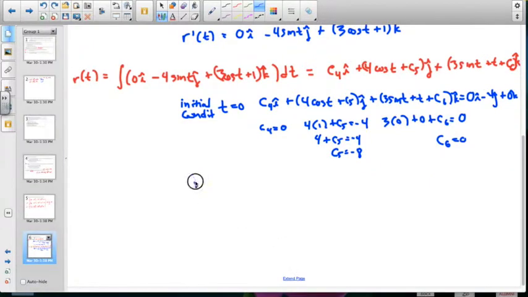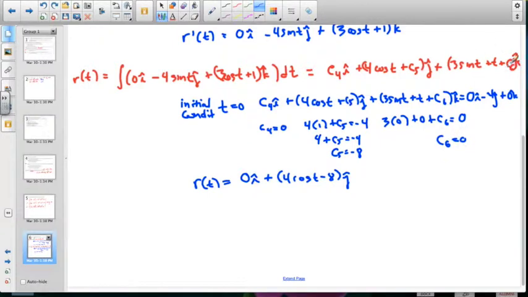So our function then looks like 0i, because we got a constant of 0 here. We have a constant of integration of negative 8, so we put that in here. So plus 4 cosine t minus 8 for the j component. C6 is 0. Now this is important though. C6 is 0, the whole thing isn't 0.